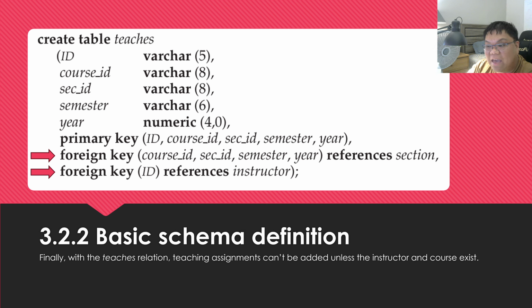So even if we have an instructor, we cannot add a teaching assignment to an instructor for a class of Ethics of Time Travel because that class doesn't exist. Well, there's no section for Ethics of Time Travel because the course for that doesn't exist, and the course for that doesn't exist because we don't have a time travel department in our university.